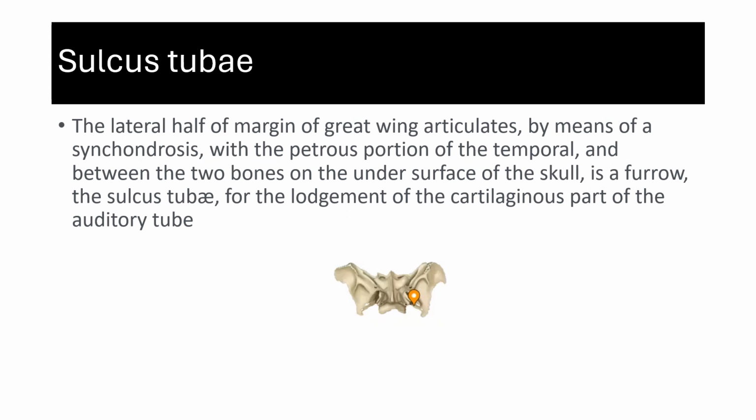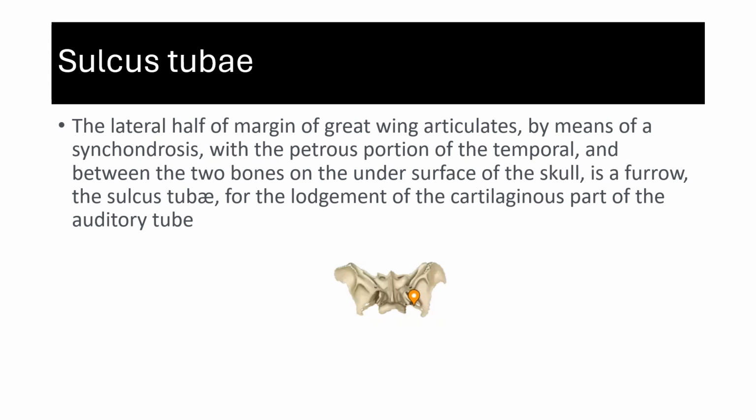So next, what is the sulcus tubae? To understand this, first we need to understand that the lateral half of the margin of the greater wing articulates with the petrous portion of the temporal bone, and it forms a furrow, that is the sulcus tubae, for the lodgement of the cartilaginous part of the auditory tube.